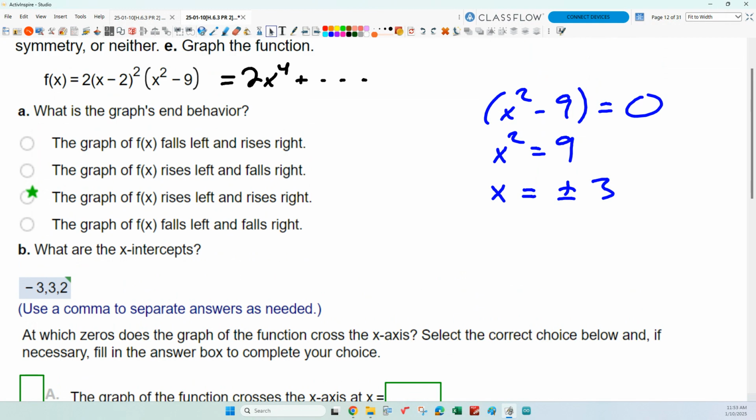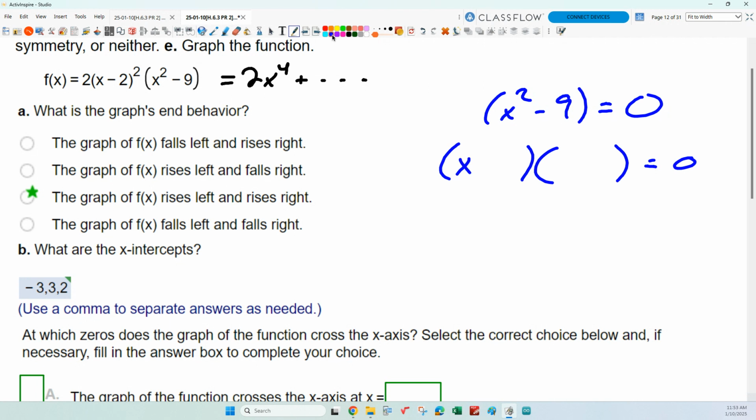And maybe a better way to do this, you know what? Okay, yeah, we better wrap this up. But that factors, doesn't it? X squared plus 0x minus 9. I have to find two numbers that multiply to negative 9 and add to 0. What are they? 3 and negative 3. There you go. X minus 3 and x plus 3.